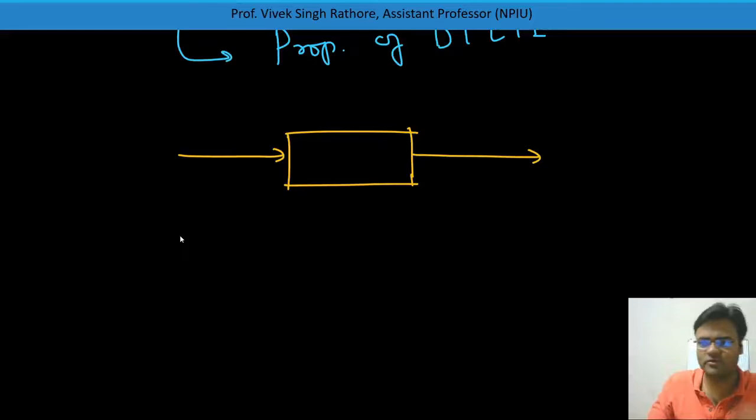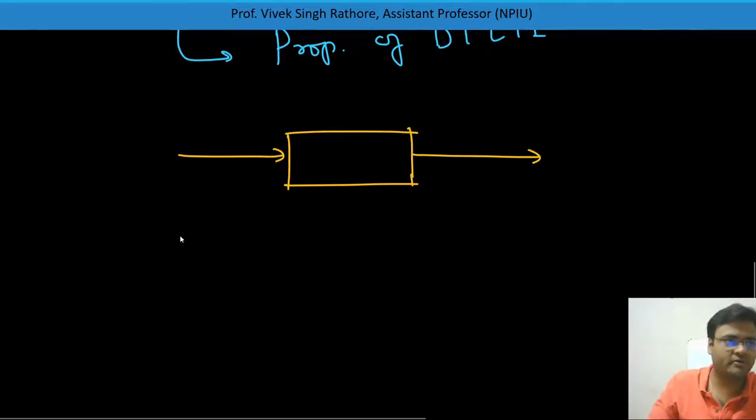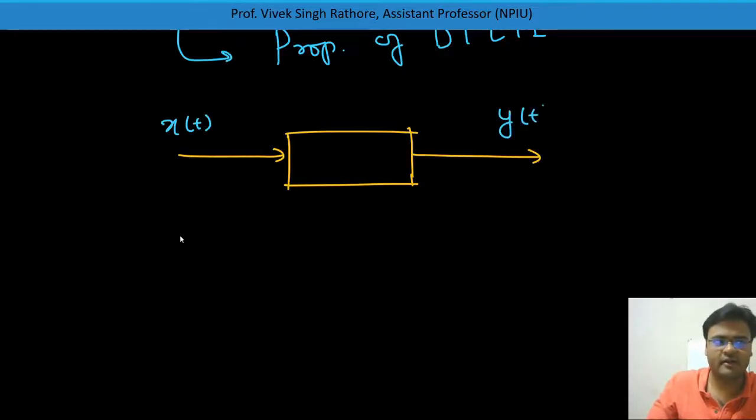Let's suppose your input is x(t) and you are getting output y(t), and this is your system. This we have studied. So y(t) is the response of a continuous time LTI system.